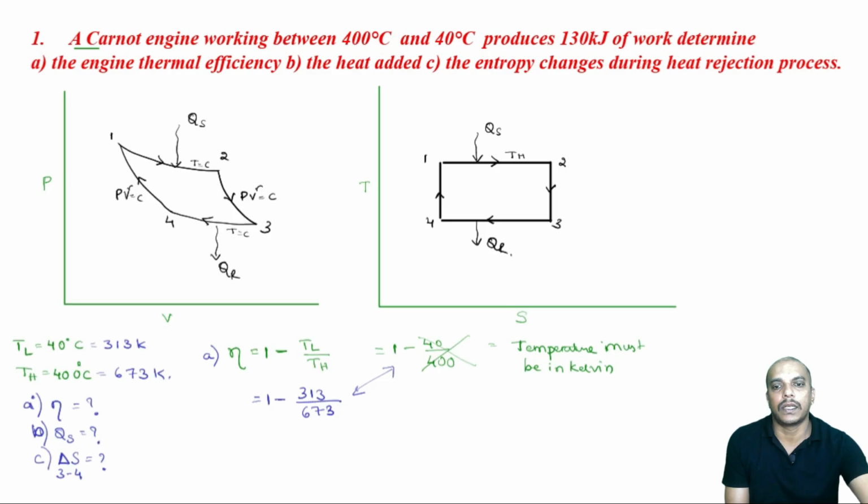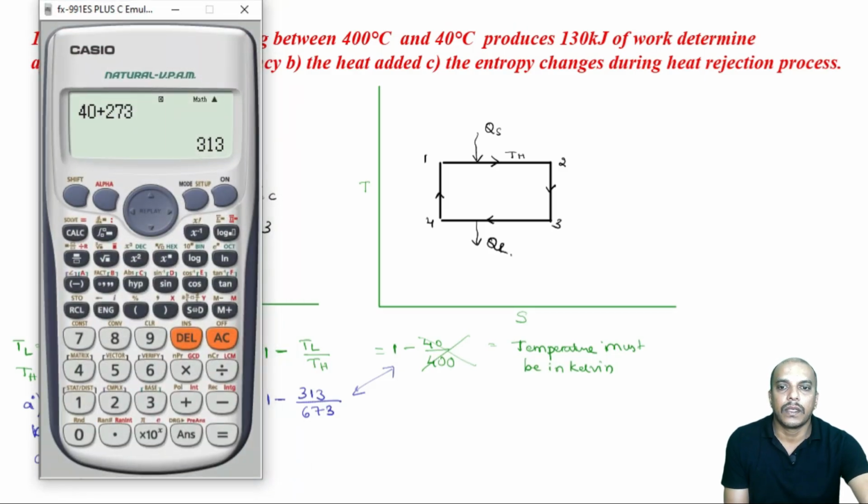Temperature must be in Kelvin. So, 1 minus 313 divided by 673. The answer is 53.49 percent. Of course, we are multiplying it by 100 to keep it in percentage. So, 53.49 percent.